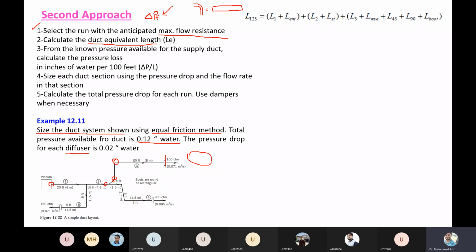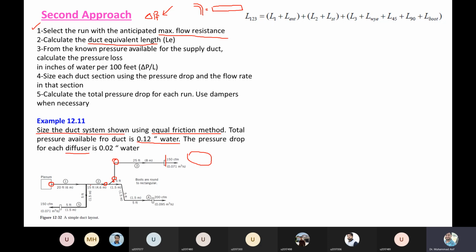So in addition to the straight length, we have to calculate the length for the entrance. Let's say L1 is 6 meter or 20 feet plus the entrance, right? So entrance plus L1.